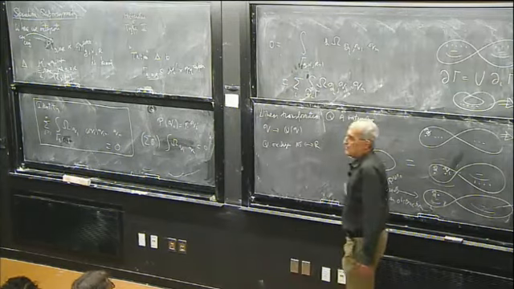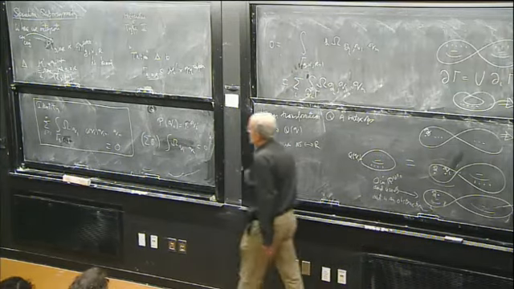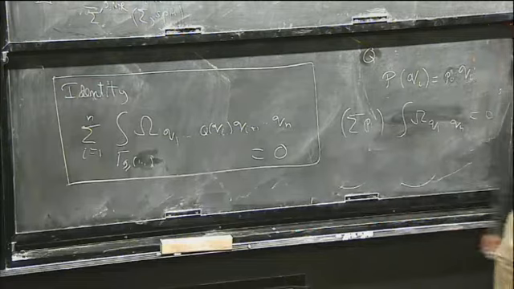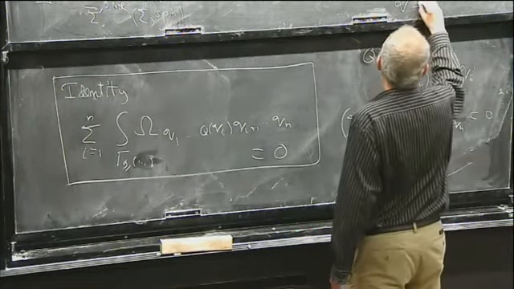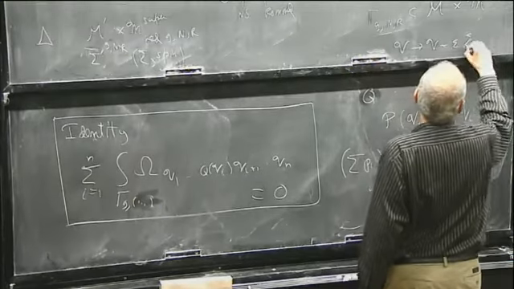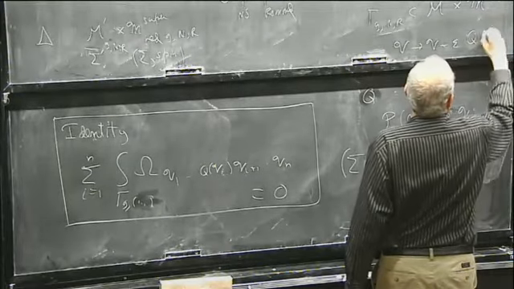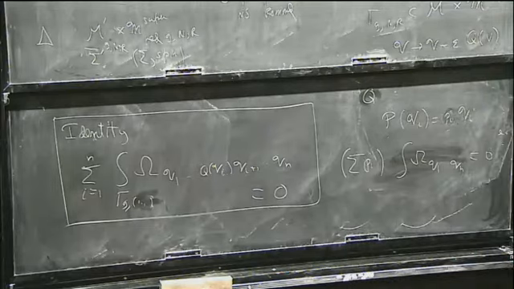But this is the identity you should expect in a theory in which a transformation of vertex operators by V to V plus epsilon times Q of V, where epsilon is an odd constant, is a supergroup of symmetries.